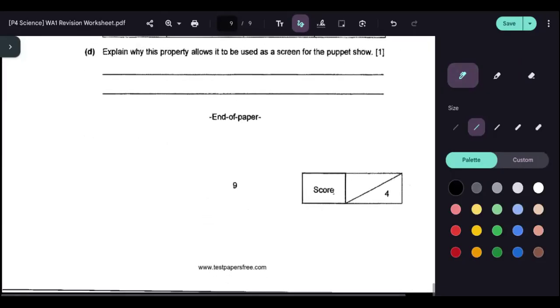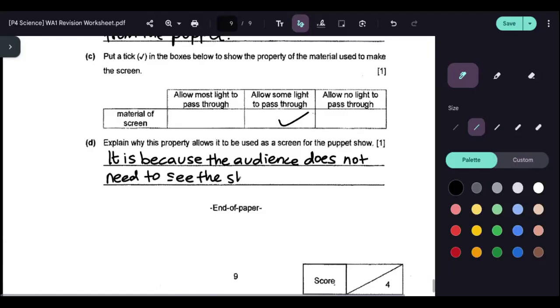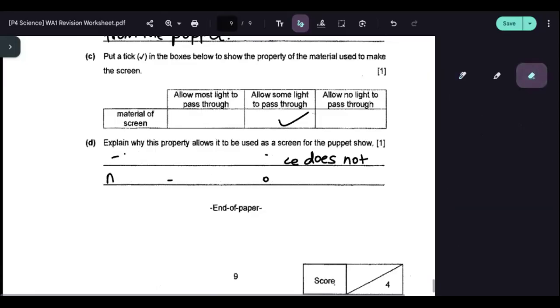Next, explain why this property allows it to be used as a screen for the puppet show. Because the audience does not need to see the shadow. Okay, never mind. This is wrong answer.